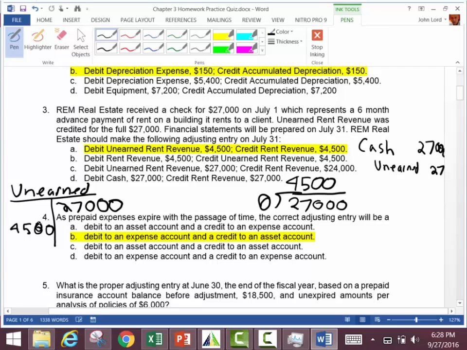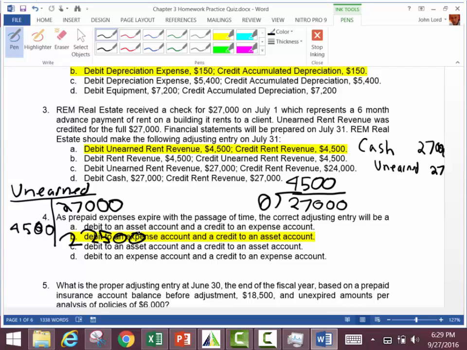Okay, what's the balance in there now? 22,500, right? Because it's a liability, we debited it, so we reduced it. Nice. Good job.